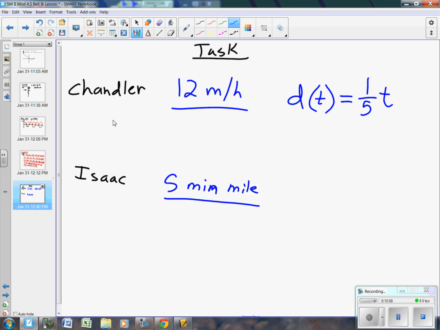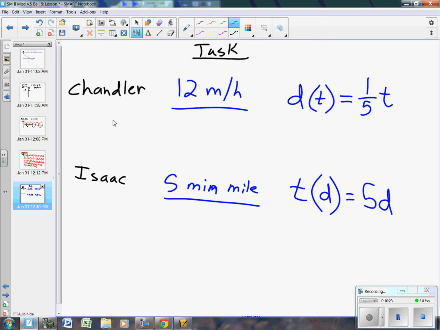Now, Isaac, he calculated his as time as a function of distance, right? And what did we come up with for his? 5d, right? So you see, the first one, the independent variable was t. The dependent variable was d. And then the second one, the independent variable was d, and the dependent variable was t.